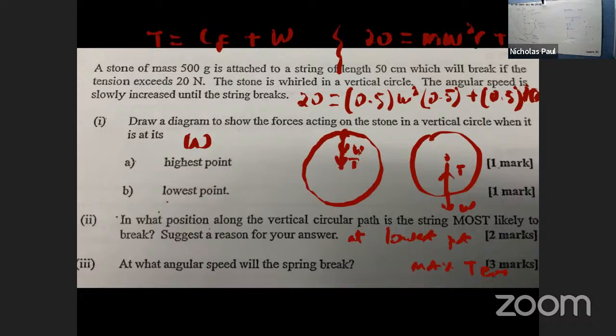What did you all get? Square root of 60, right? Alright, nice. So we'll stop there for today.